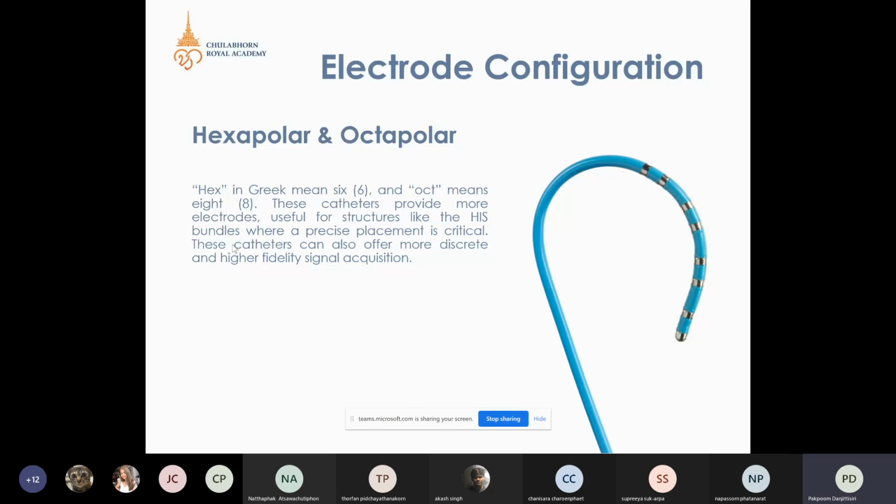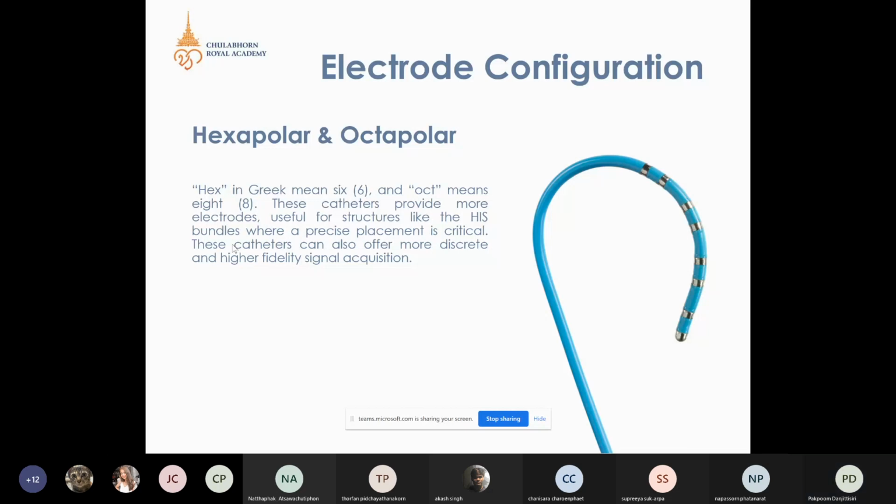The hexapolar or octapolar are another choice for the doctor to use in order to place at that area with complex anatomy or something like that, where it is difficult to find the His area.